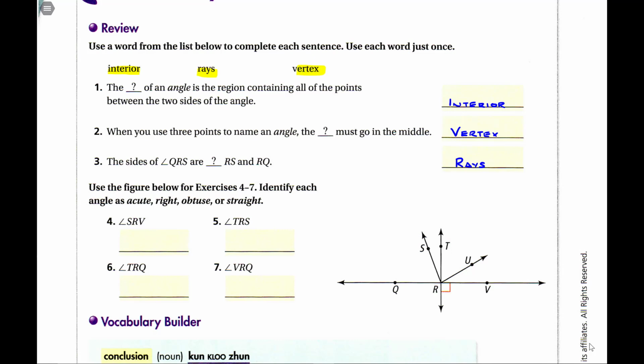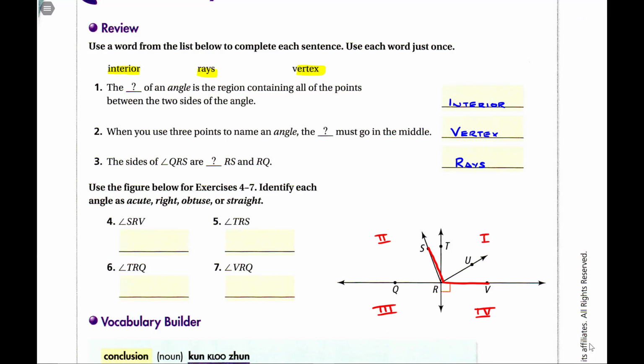When we look at 4, 5, 6, and 7, we want to determine whether or not the angles are acute, right, obtuse, or straight. The first one that we're looking at is angle SRV. Remember from algebra, we have the coordinate plane, and we have the quadrants 1, 2, 3, and 4.